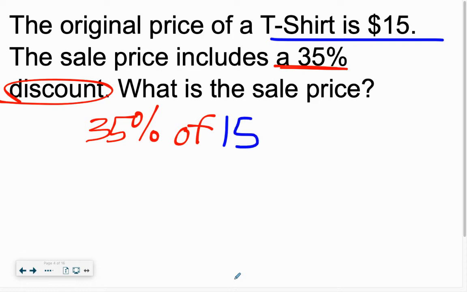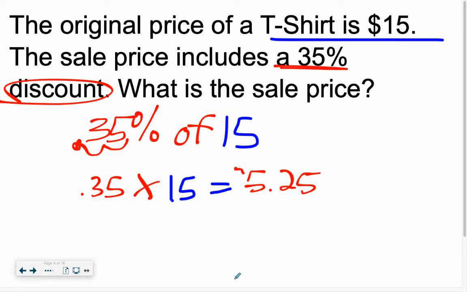You don't need to underline it, but this is how we figure out the phrase 35% of 15. That's why we bump. We have to change that to a decimal, 0.35. The word of means to multiply, 15.